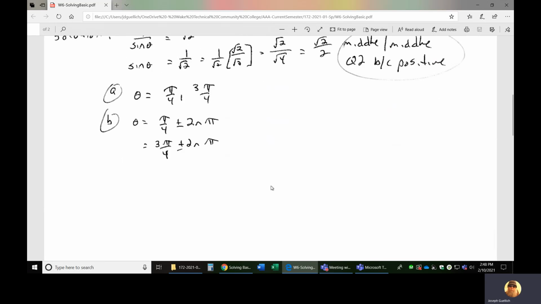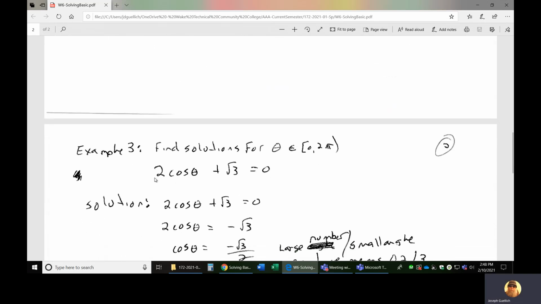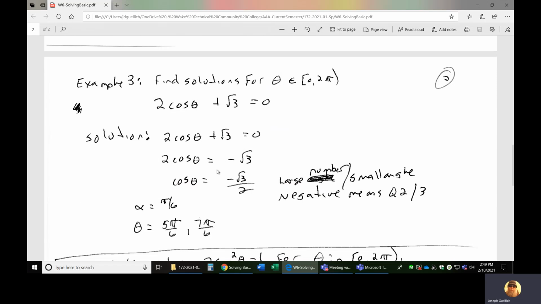Easy peasy. And another example, a little bit different setup. The goal for any of the solving is to do some algebra manipulation, maybe an identity in the future, and you're going to end with trig function equals a number. And then you go right back to the unit circle and you figure out that stuff. So subtract the square root of 3, divide by the 2.